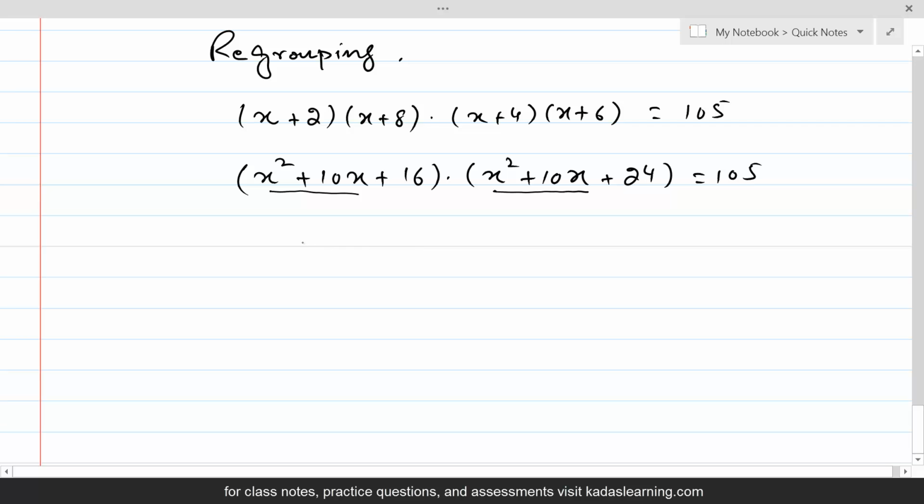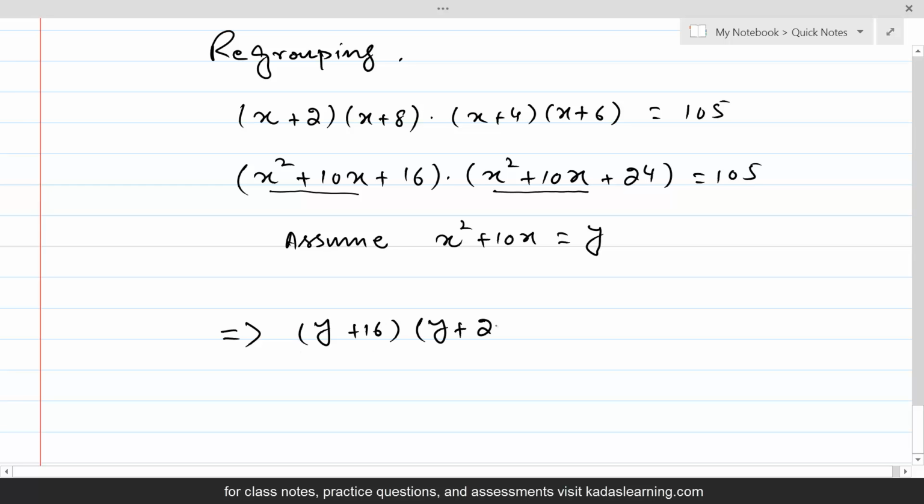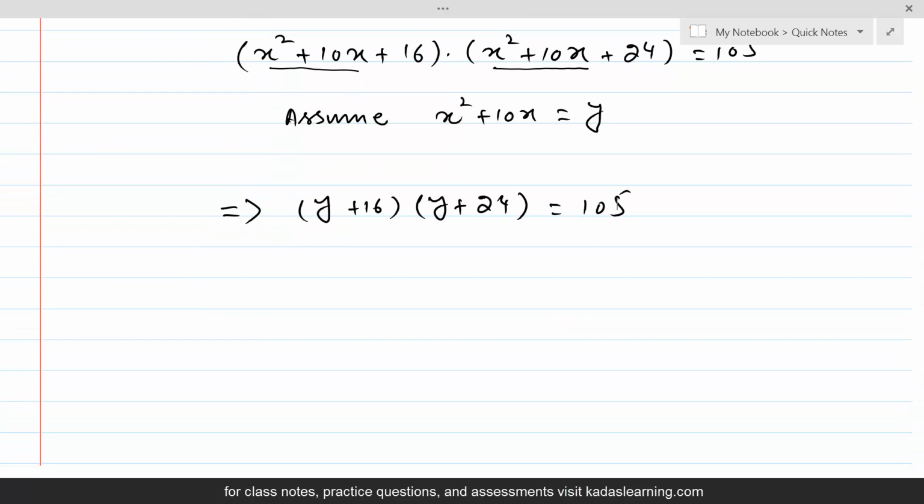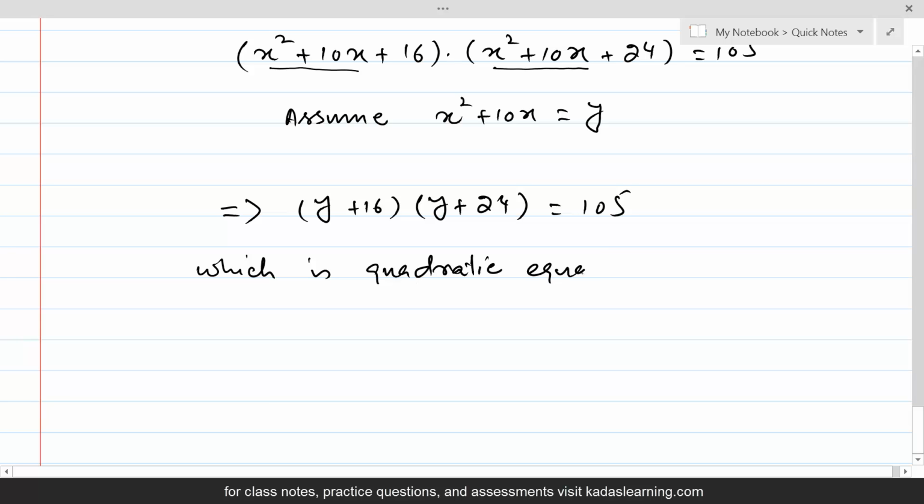Now you can see it's x² + 10x on this side and x² + 10x on this side. So we can assume x² + 10x equal to y. This will give us (y + 16)(y + 24) equal to 105, which is a quadratic equation in y.